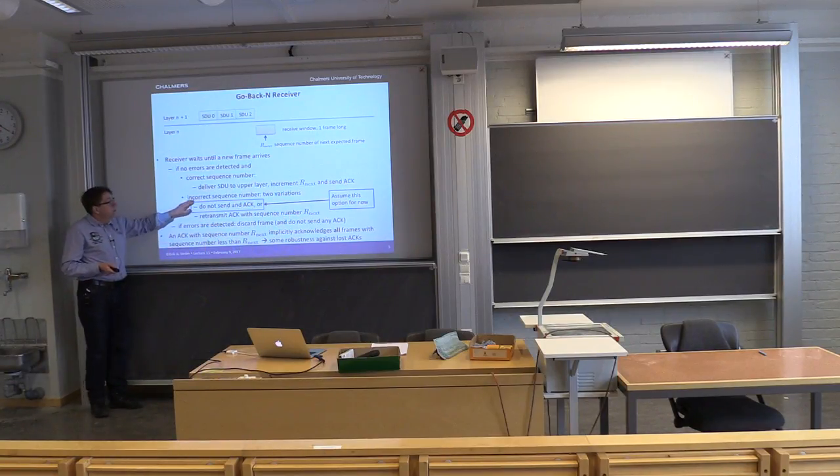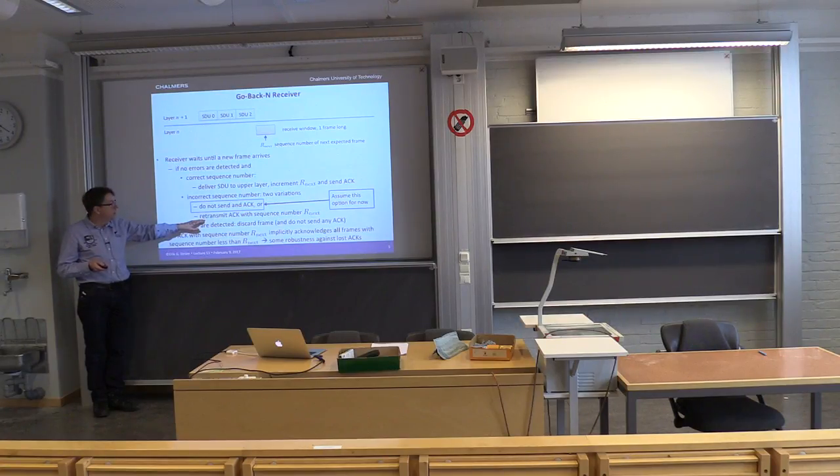If there is an incorrect sequence number, then there are two main ways to handle this situation. Either we don't send an ACK, we just completely ignore the frame, or we tell the transmitter, I received a frame from you, but it has the wrong sequence number.